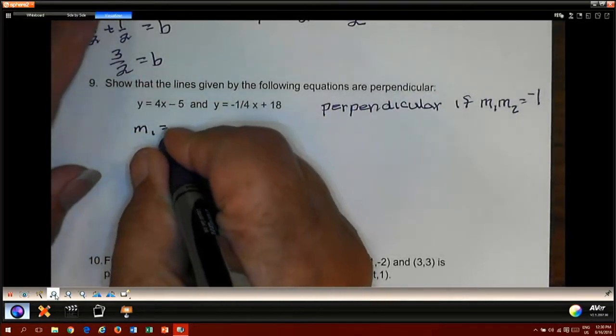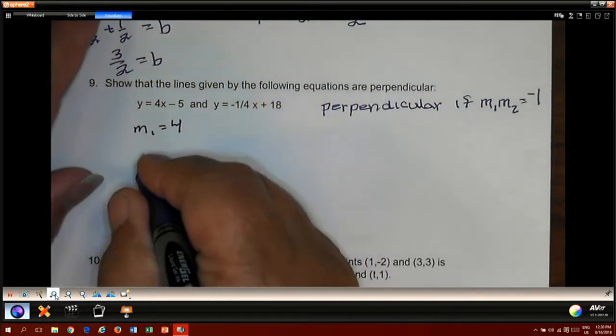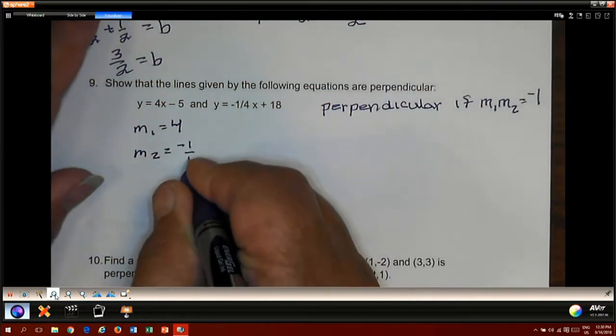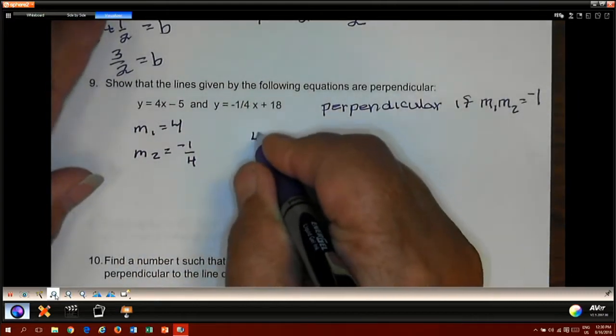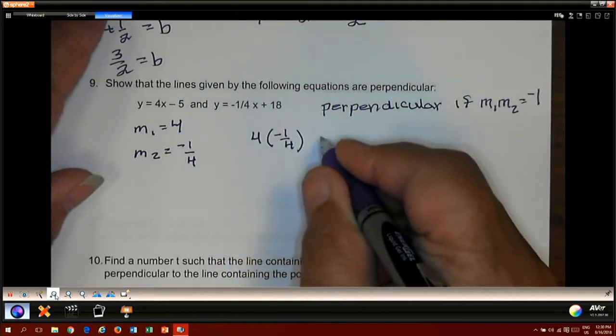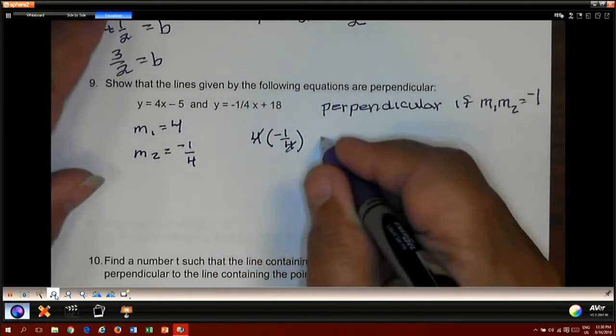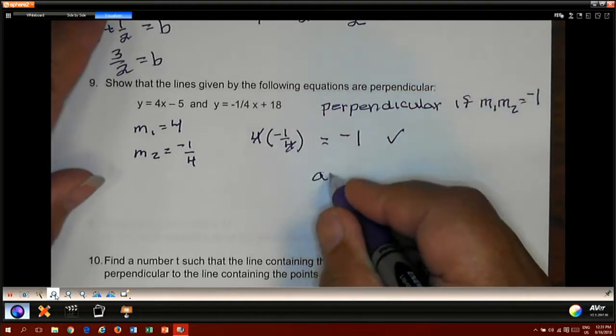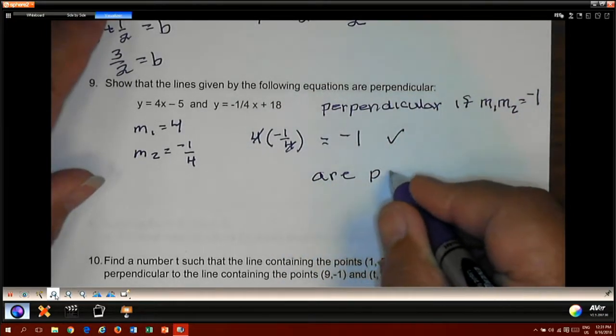So m1 is 4, m2 is negative 1/4. So 4 times negative 1/4. The 4's cancel. It equals negative 1. So they are perpendicular.